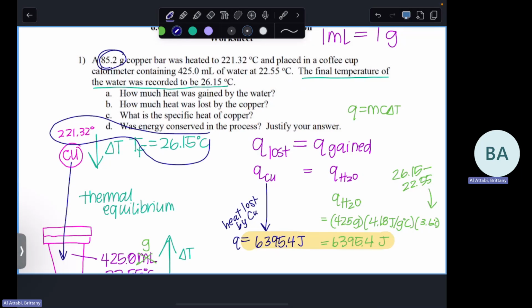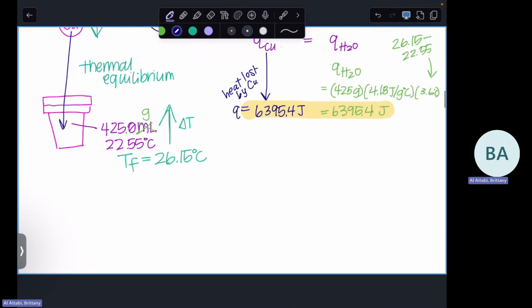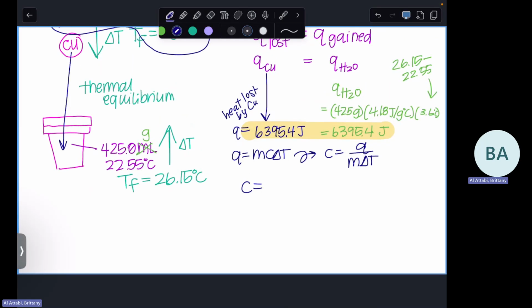So now I can answer question C. What is its specific heat? Remember, heat was lost, so that's a negative.